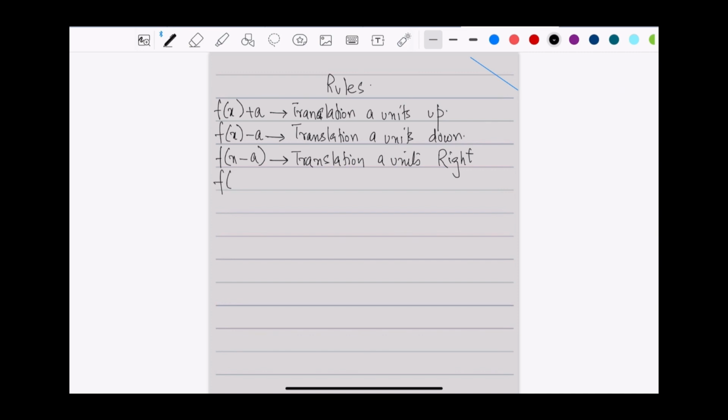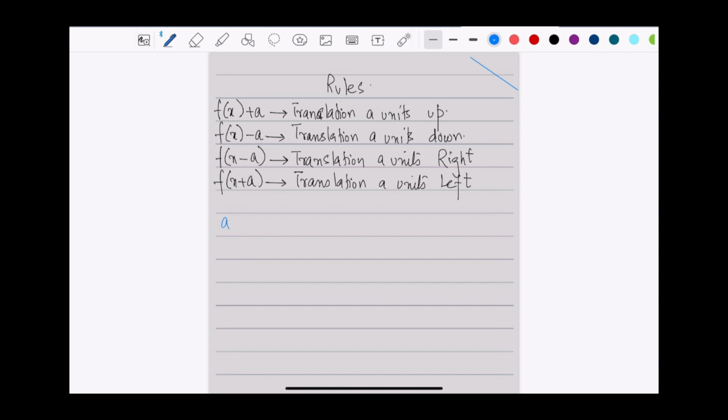And similarly, f of x plus a in the bracket means the curve is translating a units left. We already have discussed what happens to their coordinates.